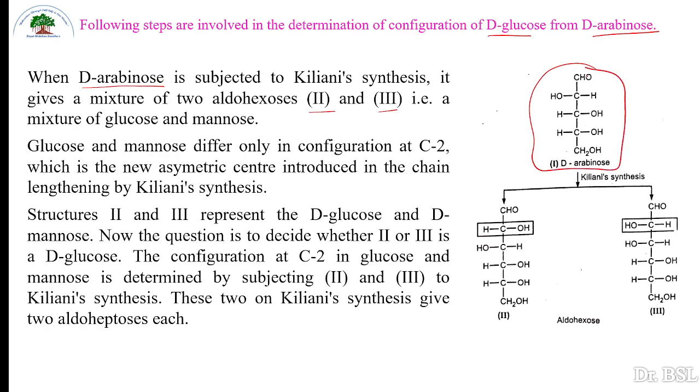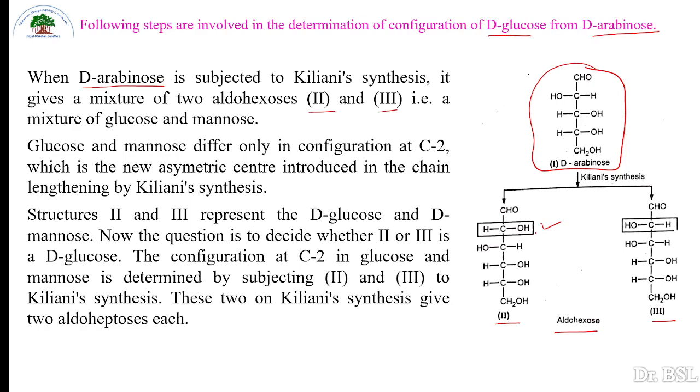Kiliani synthesis is the reaction of increasing one carbon atom in the reactant, and as this is an aldopentose, it is converted into aldohexose, and we get two structures, second and third.